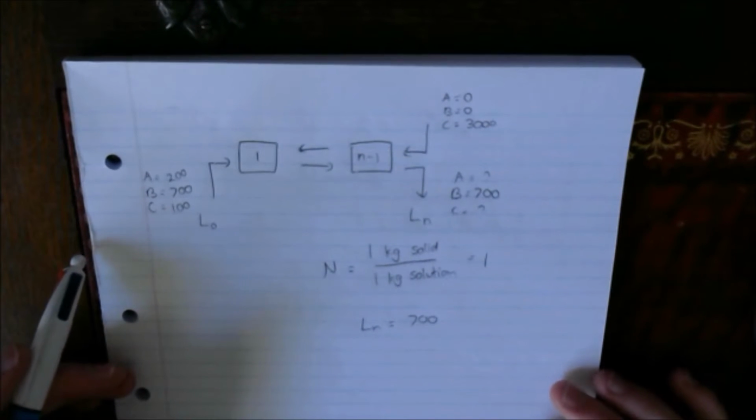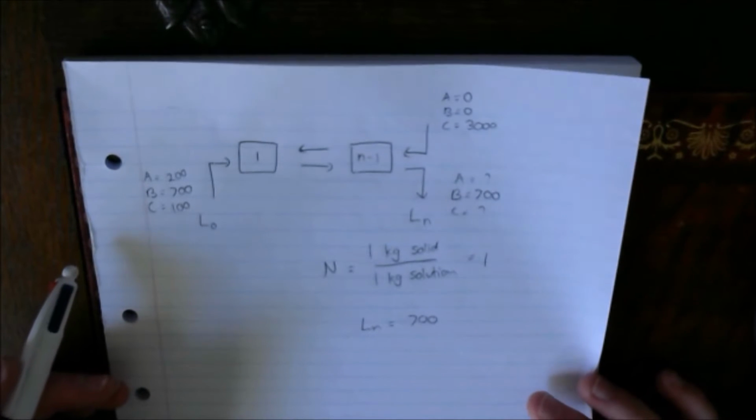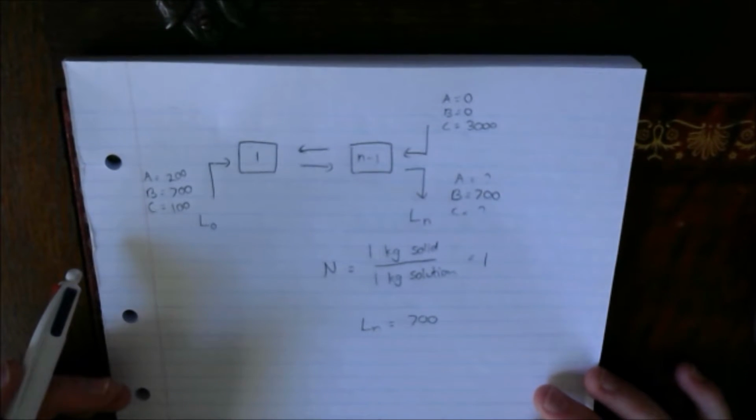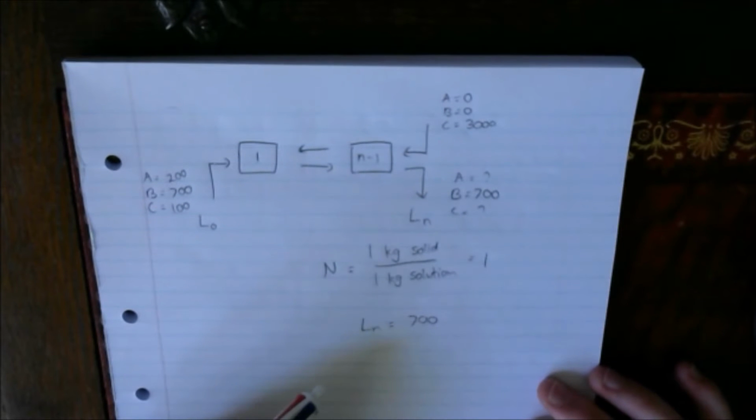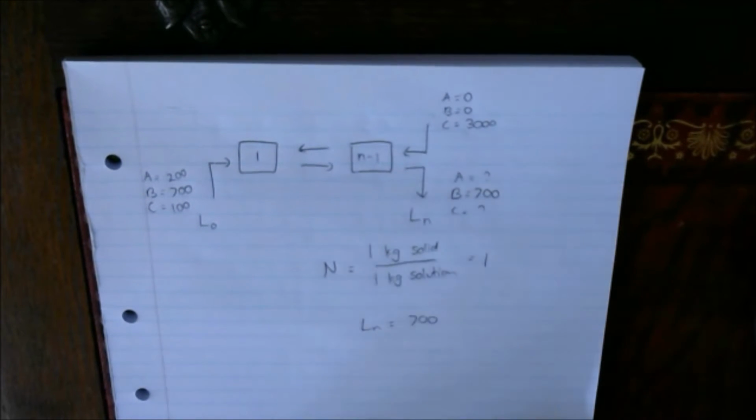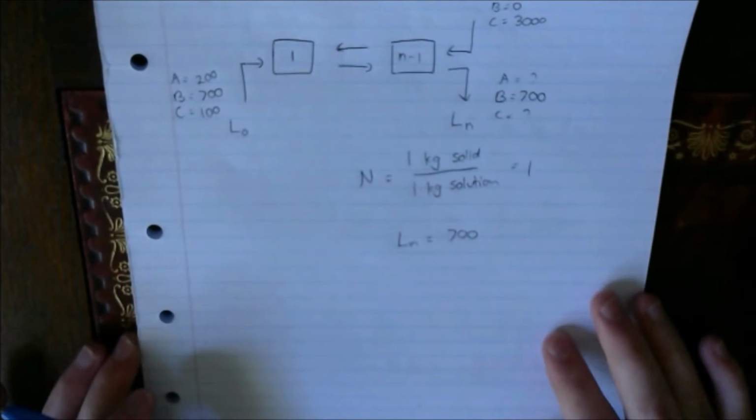Because it says the final underflow sludge, I'm going to assume that it's including the solid as well as the solution, and hence it means the overall concentration of A in that stream. So that's just an assumption we'll make to go ahead.